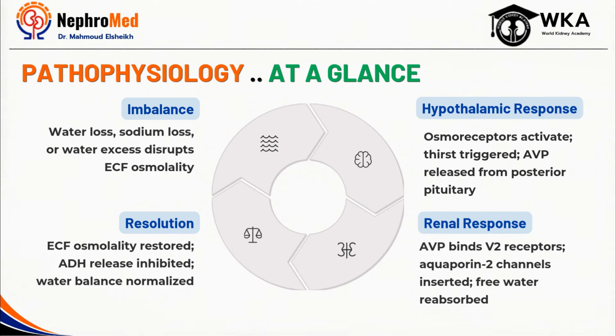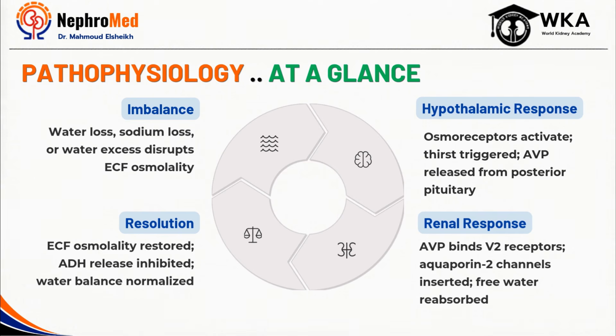ADH is released from the posterior pituitary and acts mainly on V2 receptors in the collecting duct. This stimulates the insertion of aquaporin-2 water channels, allowing free water reabsorption back into circulation. Under physiological conditions, the system is highly adaptive and protective. But in many disease states, the response becomes inappropriate, persistent, or even exaggerated, and this is the core mechanism behind many forms of hyponatremia, especially SIADH.